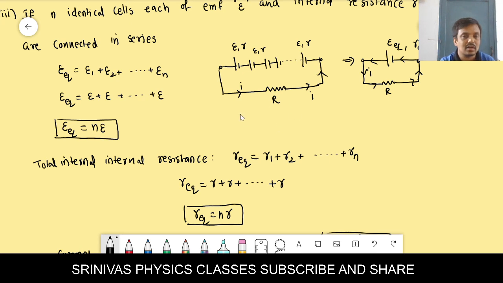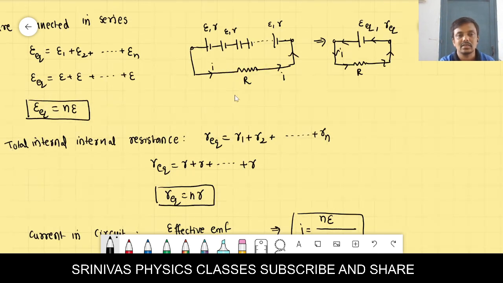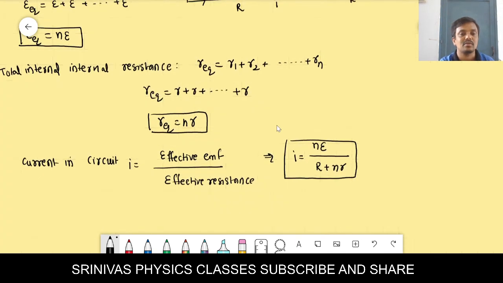Then total resistance becomes NR plus capital R. The current formula is just like Ohm's law, I equals V by R, that is total voltage by total resistance. Total EMF is NE. Total resistance is external resistance plus internal resistance, capital R plus NR. Yesterday also we derived the formula.